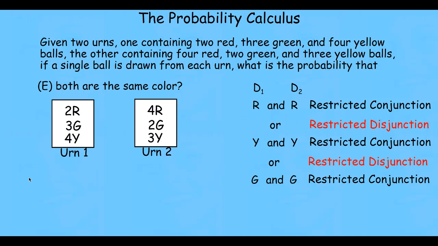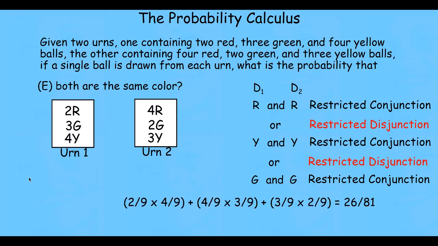Now I just need to plug my probabilities into those formulas. So the probability of getting a red and a red plus the probability of getting a yellow and a yellow plus the probability of getting a green and a green. So red and a red, 2 over 9 times 4 over 9.